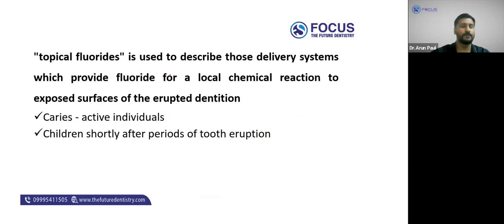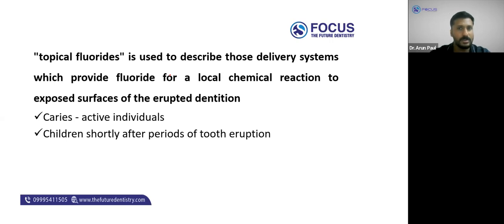So these topical fluorides are those delivery systems which provide a very local chemical reaction to the exposed tooth surface. As the word says, it is topical; it acts superficially on the surface of the teeth. There was a need for it after the studies on systemic fluorides and water fluoridation, which found that systemic fluorides are not very effective on the occlusal surfaces of the teeth.